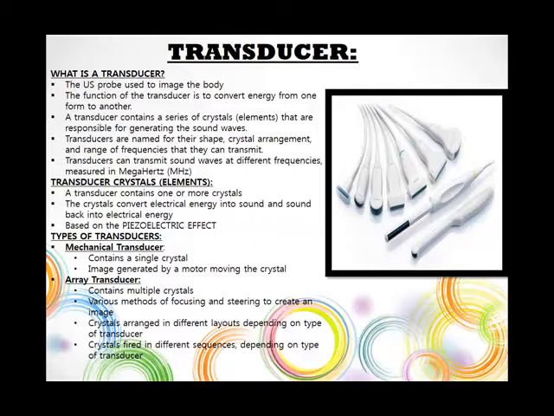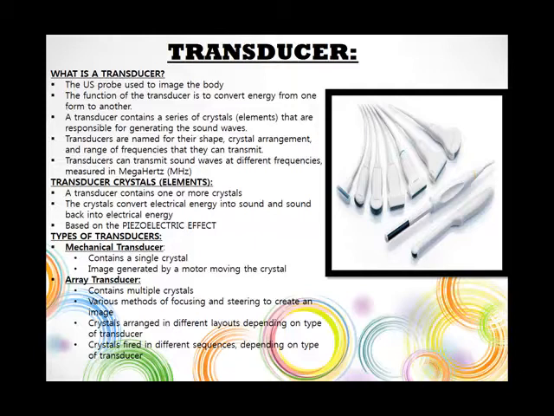There's two basic types of transducers. You can have a mechanical transducer, which has just one big crystal, and the image is generated by a motor that moves the crystal, which allows you to have sound waves coming out at different portions. Or most transducers today are what we call array transducers.